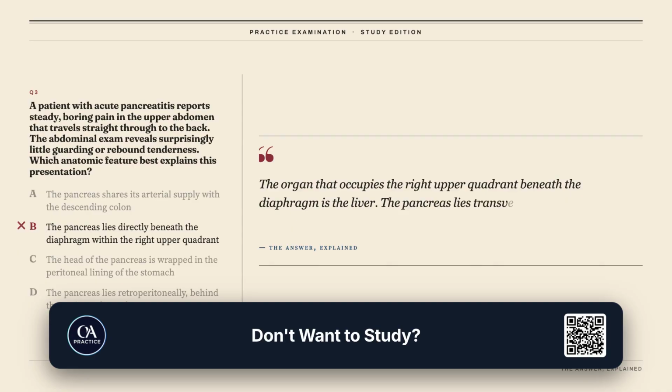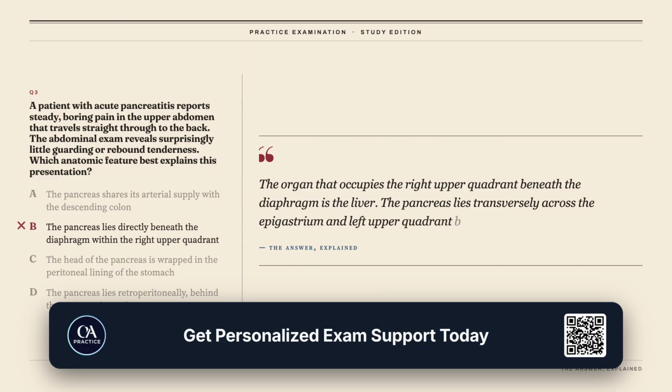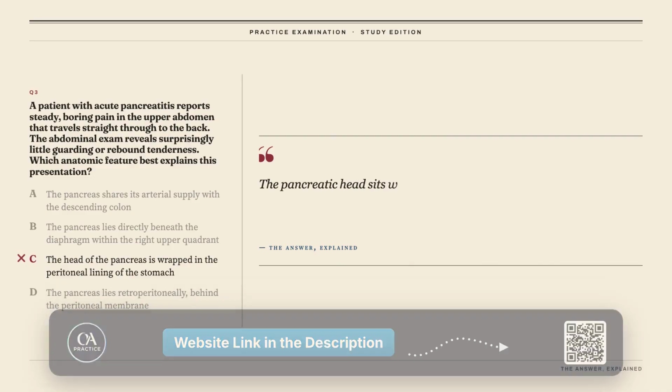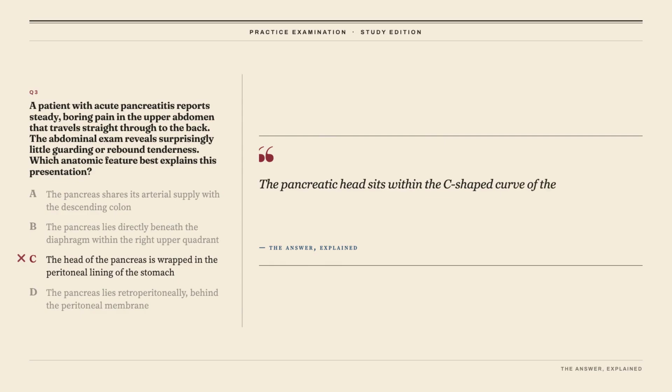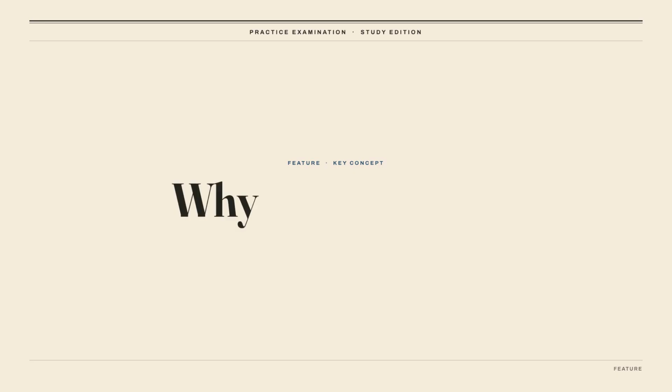The pancreas lies transversely across the epigastrium and left upper quadrant behind the stomach. C is wrong because the pancreatic head sits within the C-shaped curve of the duodenum and is not enclosed by stomach peritoneum. An intraperitoneal position would produce more peritoneal signs, not fewer.